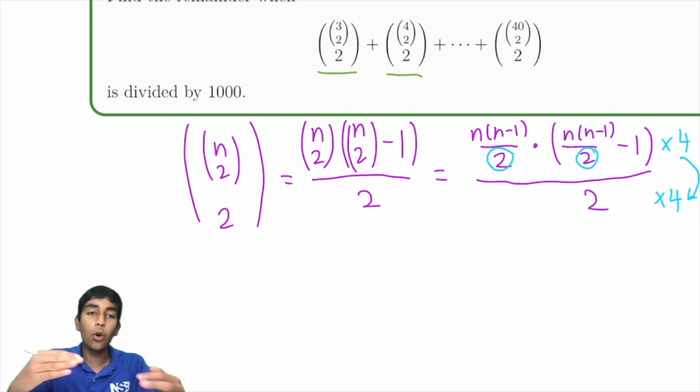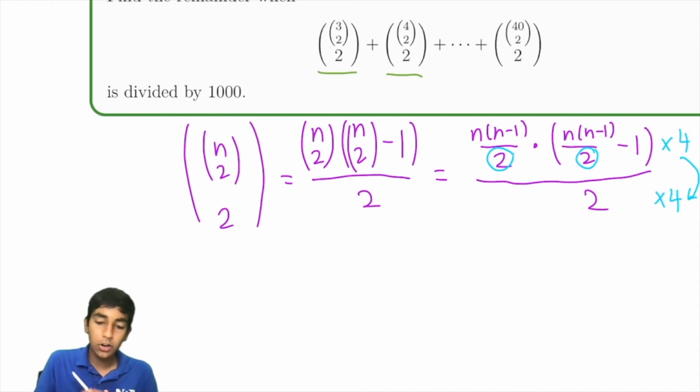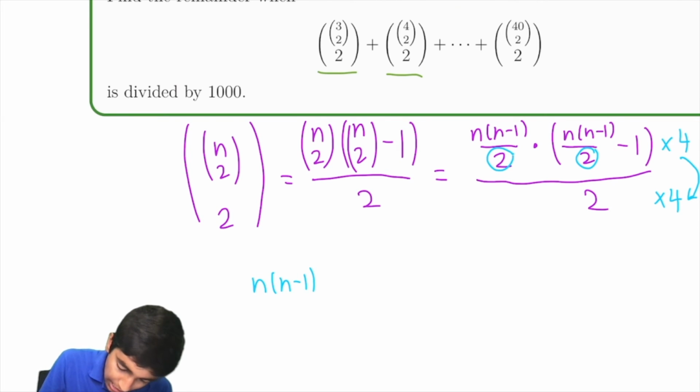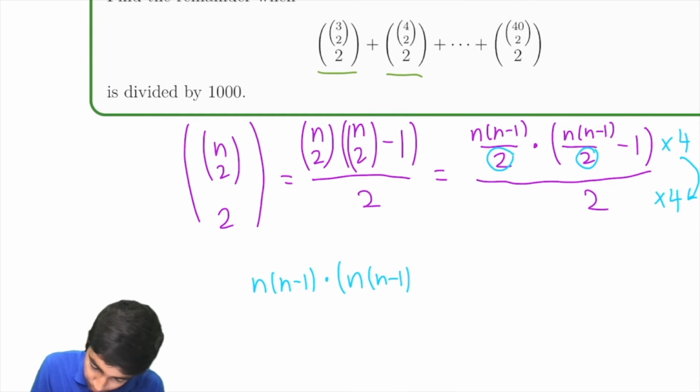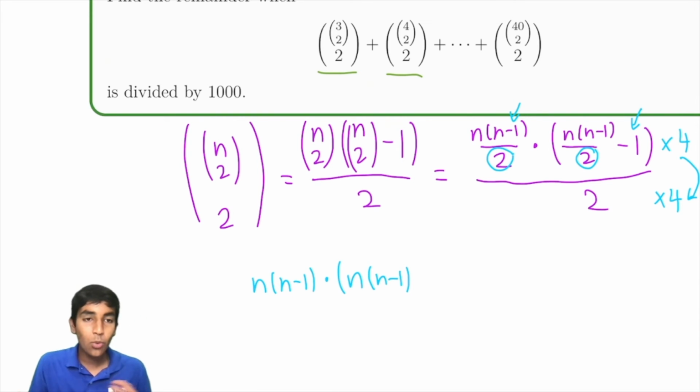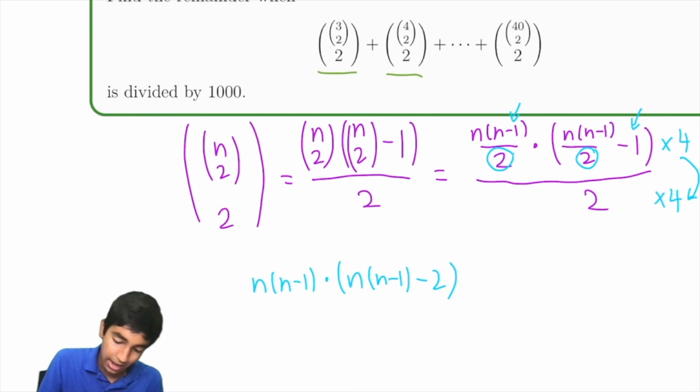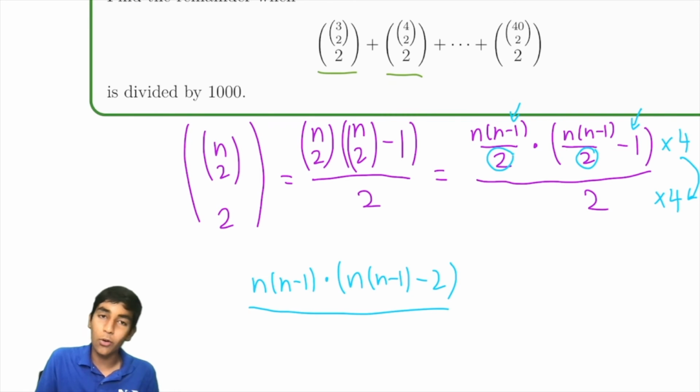So multiplying by 4 to the numerator and the denominator, we get n times n minus 1 times n minus 1, because we multiply by 2 to this term and 2 to this term. And 2 times n minus 1 over 2 is just n times n minus 1. And 1 times 2 is, well, just 2. So we're left with this, and divided by 2 times 4, or 8.